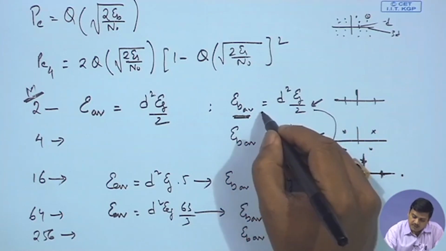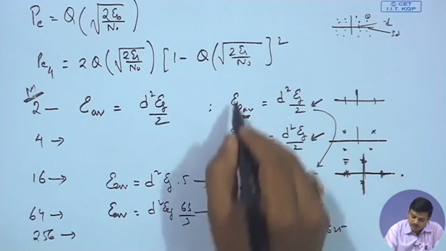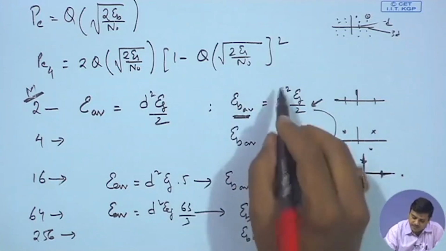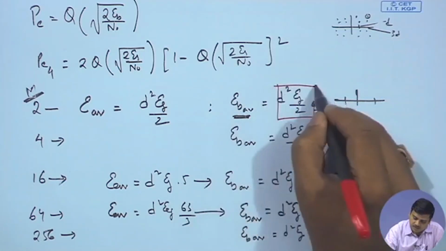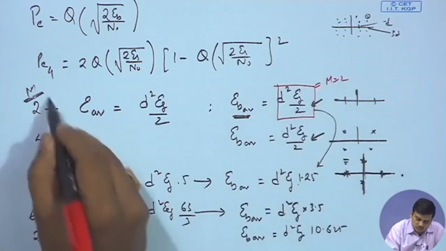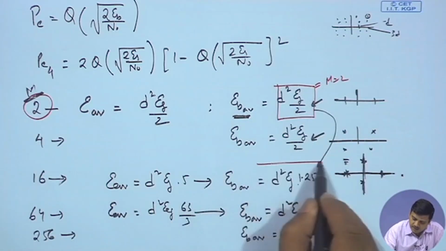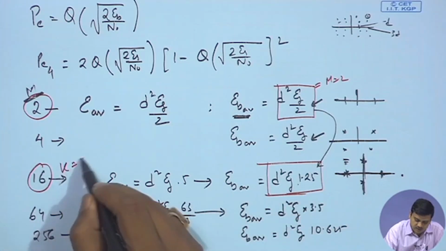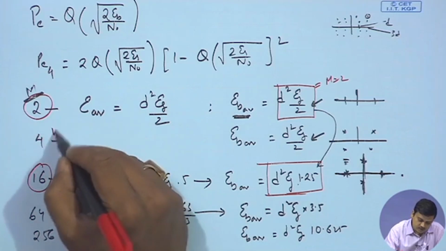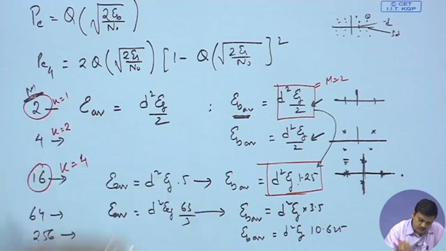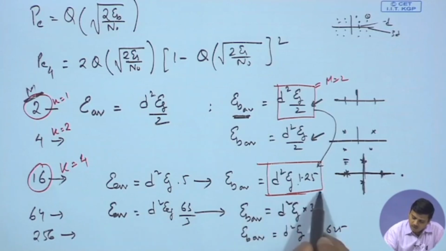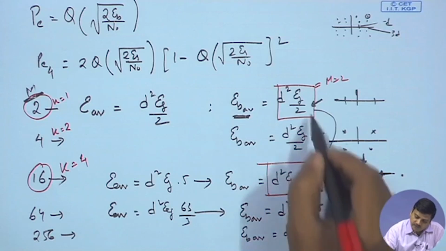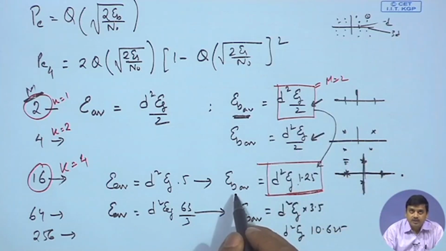If I compare the energy per bit required for M equal to 2 and for M equal to 16, or k equal to 4, here k is equal to 2, here k is equal to 1. What we find is that this requires 2.5 times energy per bit to maintain the same error probability.